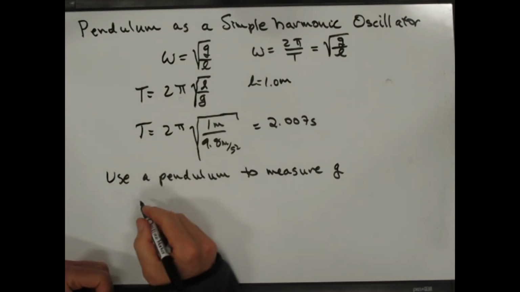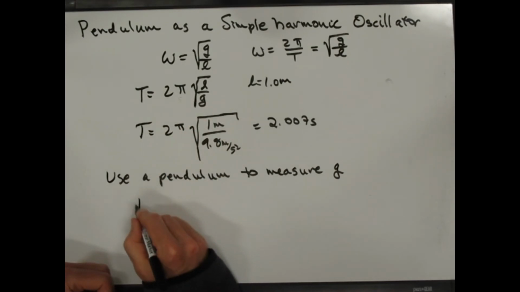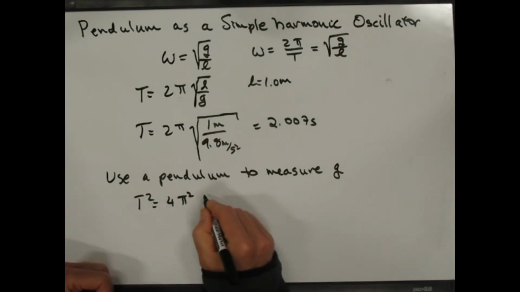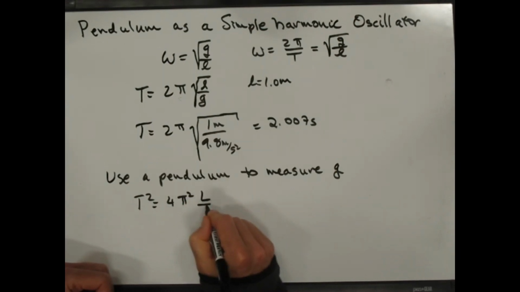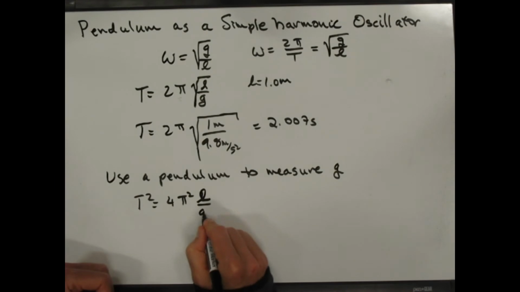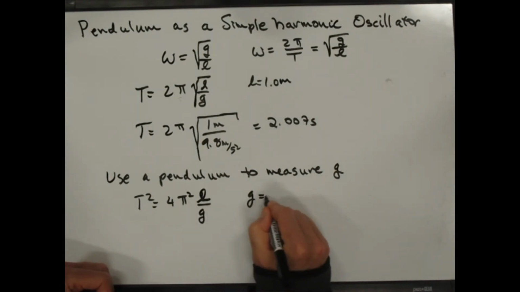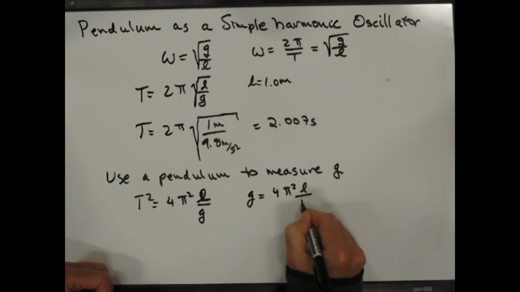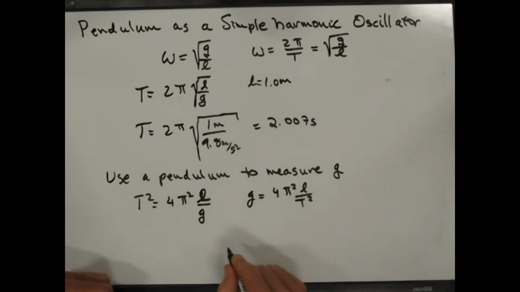So if I rearrange this equation, I can say T squared is equal to 4 pi squared L over g, sorry, lowercase l over g, or g is equal to 4 pi squared L over the period squared.